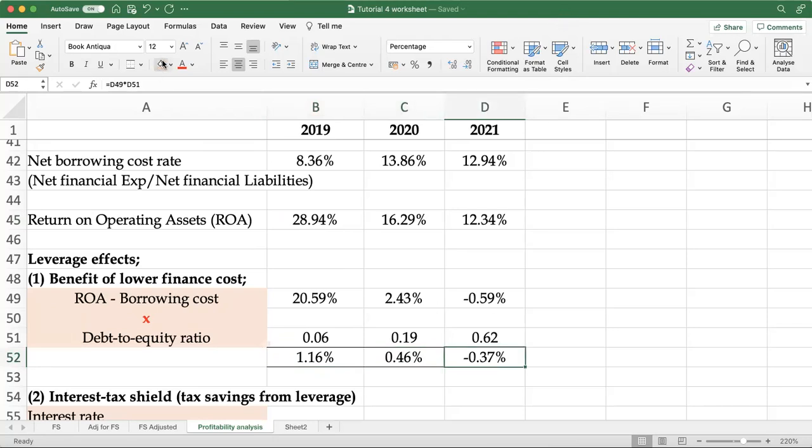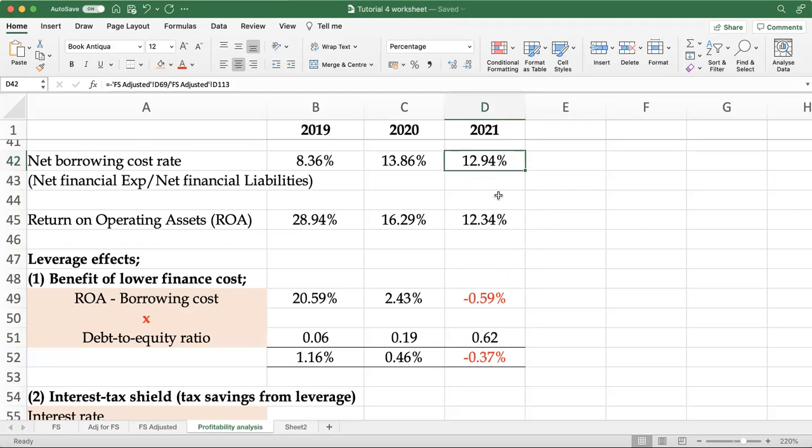But if you see 2021, the leverage effect is negative. You see a borrowing rate of almost 13%, but assets generate only 12.34% return.